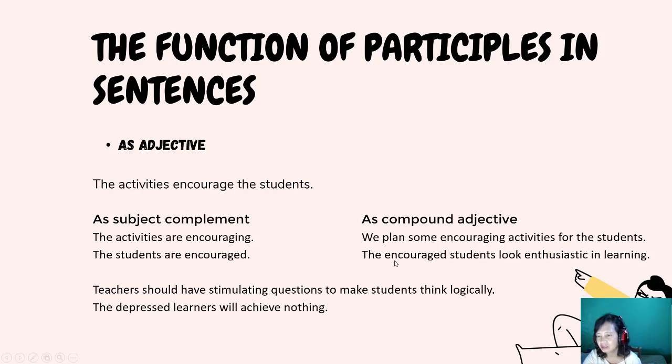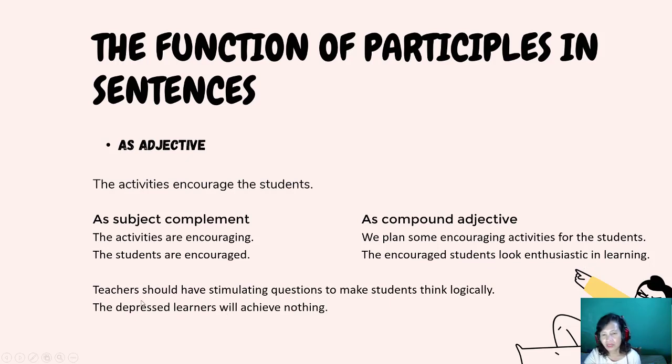The same as this. So we put encouraged before the students as modifier. So the encouraged students look enthusiastic in learning. I make this phrase or this compound noun in sentence.